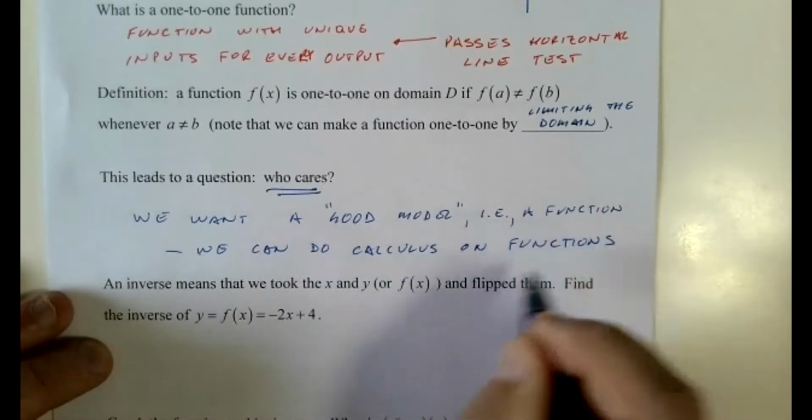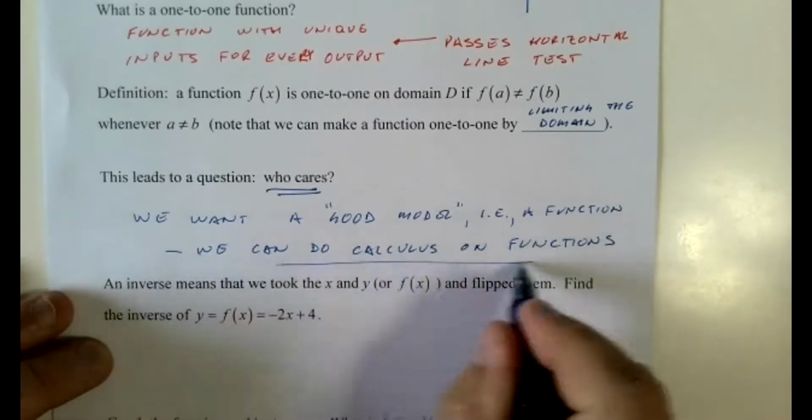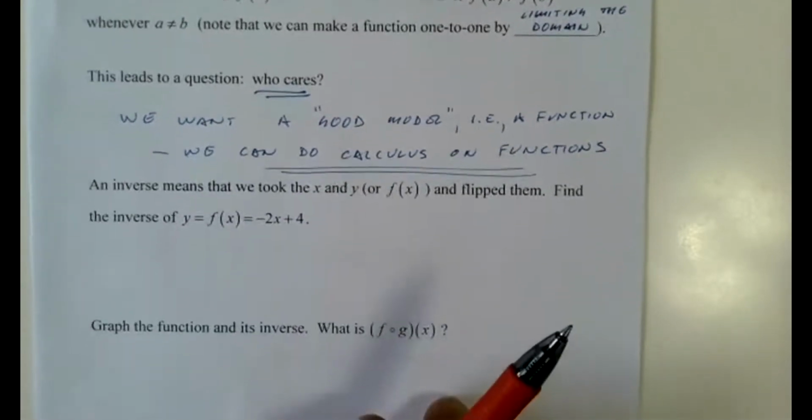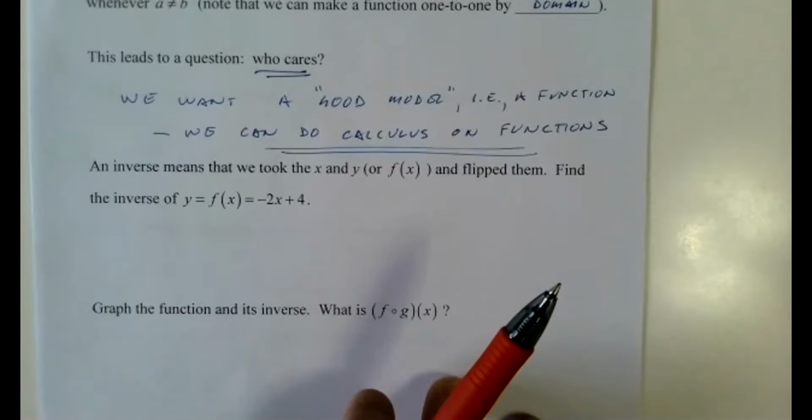A good example of something you're going to get so deep inside the calculus, sometimes you'll forget it has to be a function. So we're not going to worry about it. Let's just make sure we know we have a function and then off we go.